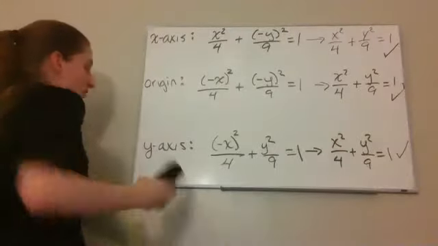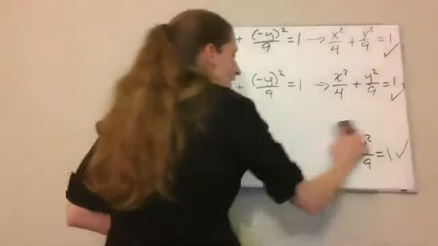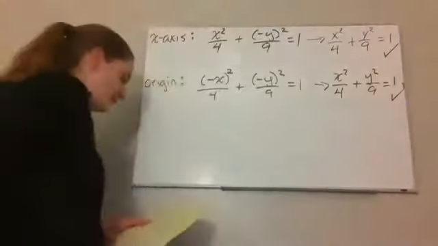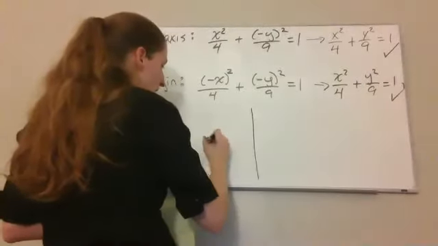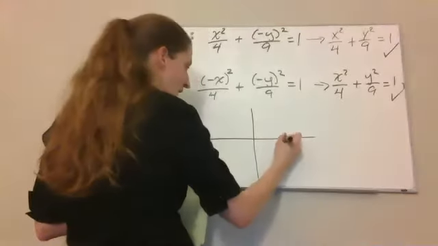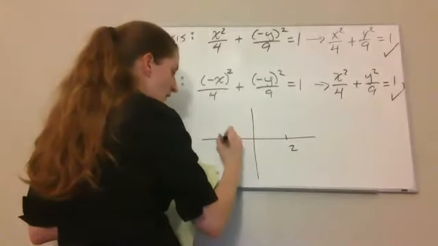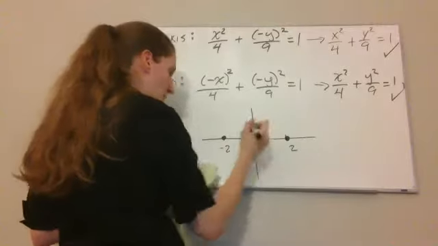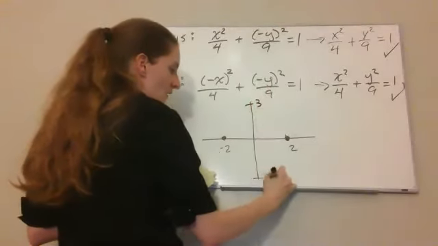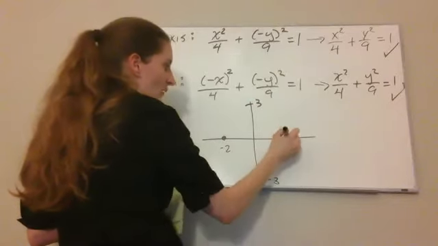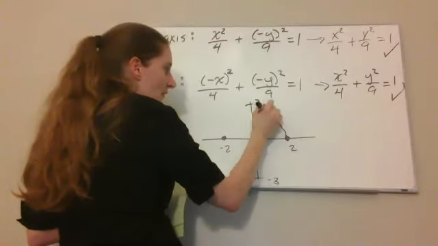I'm going to quick sketch it for us just so you can see the symmetry. This is an ellipse that goes through the points here and up here. And you could see this by graphing it using your calculator as well.